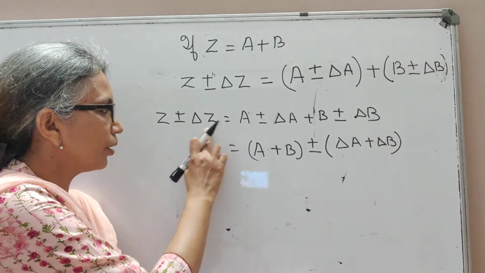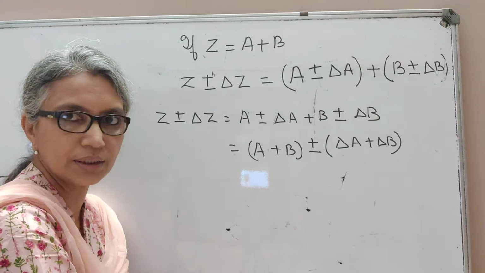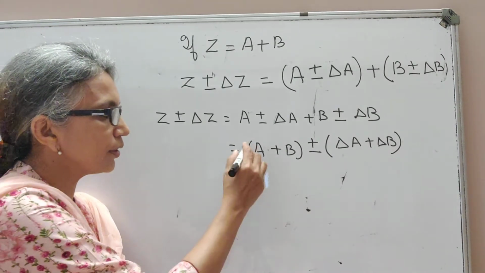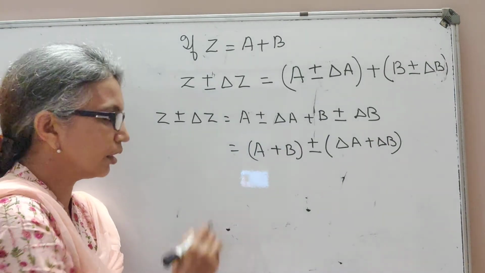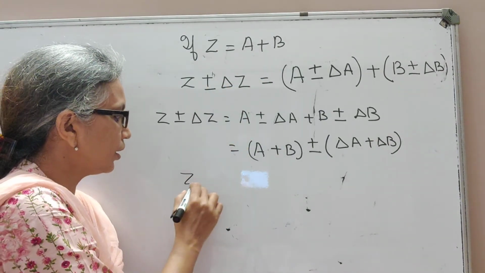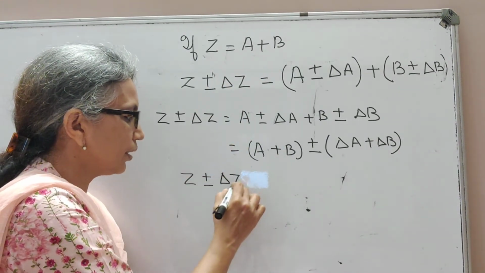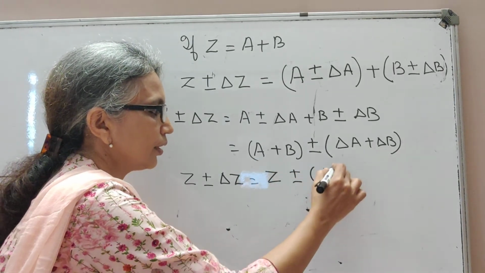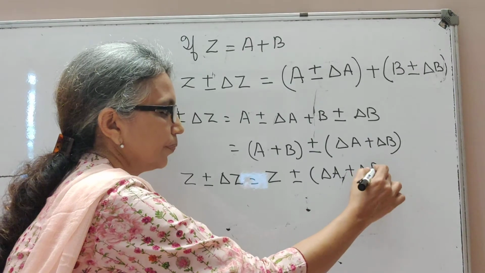So we have Z plus or minus delta Z. So here, what is this A plus B? A plus B is Z. So we may write Z plus or minus delta Z. This A plus B I'll replace with Z plus or minus delta A plus delta B.